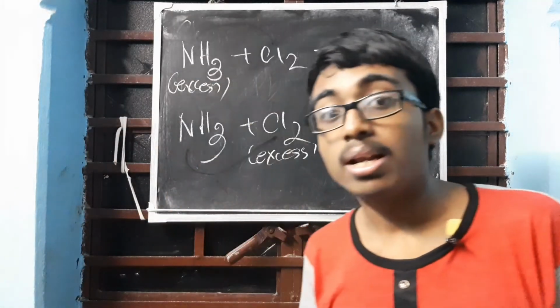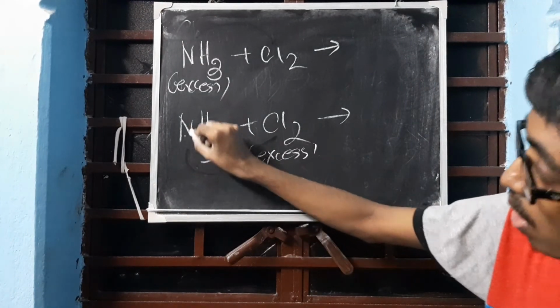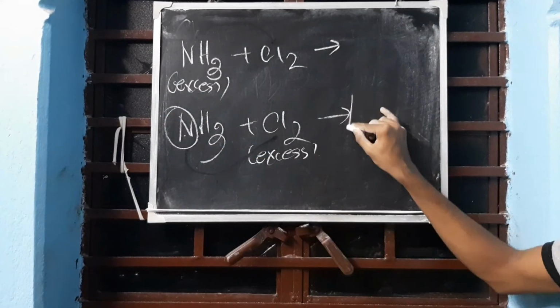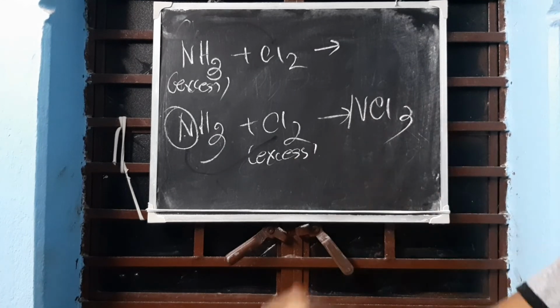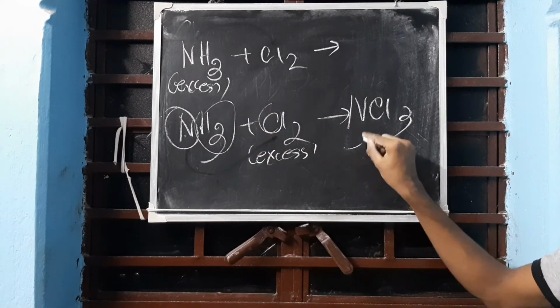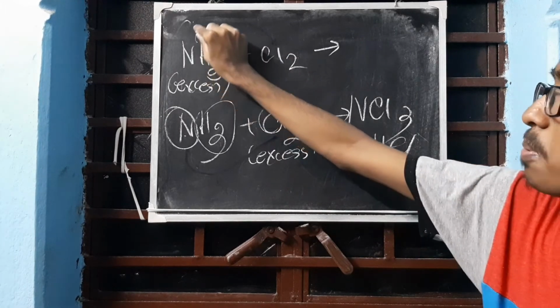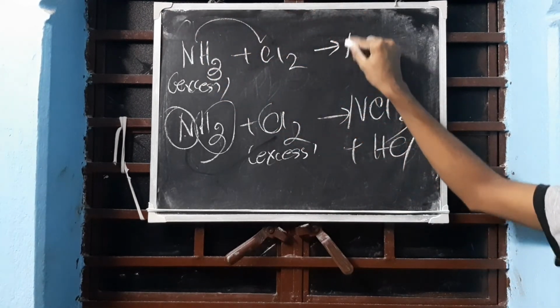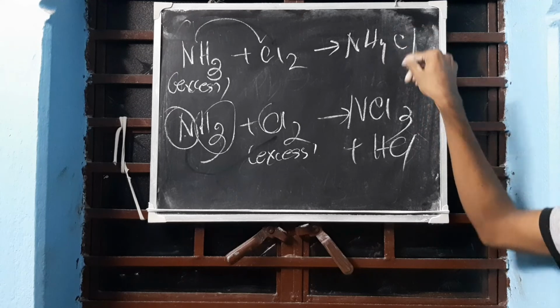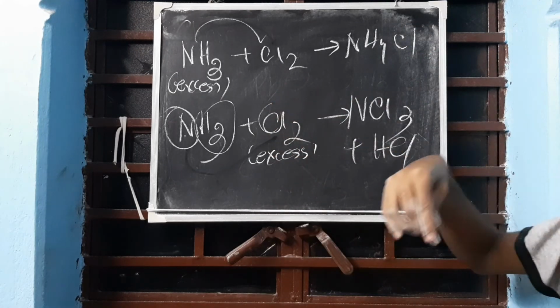It will form nitrogen trichloride, NCl3, plus HCl. Here, NH3 is in excess, so it will tend to combine with the HCl to form NH4Cl. And what else is remaining? N2.